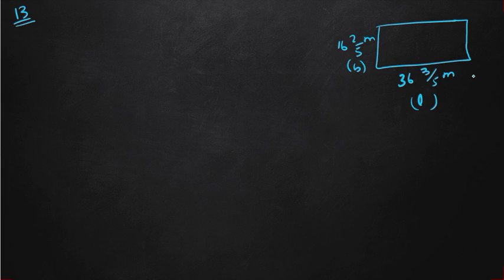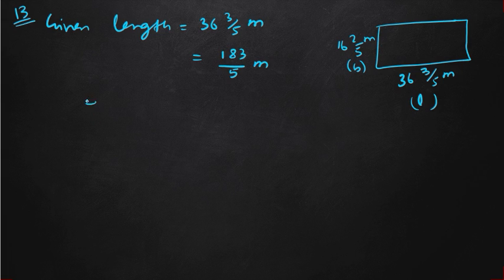Okay, so you can directly write: given length equals 36 3/5 meters. We can convert it into an improper fraction, so this will be 183 by 5 meter, and breadth is given as 16 2/5 meter. 16 5s are 80, 80 plus 2 is 82, so 82 by 5 meter.